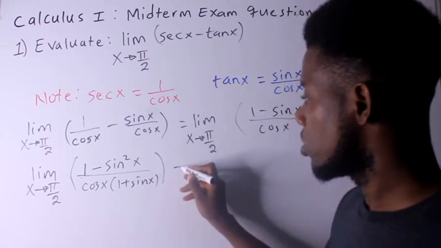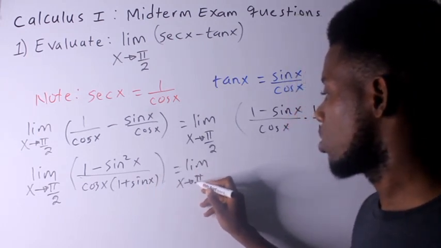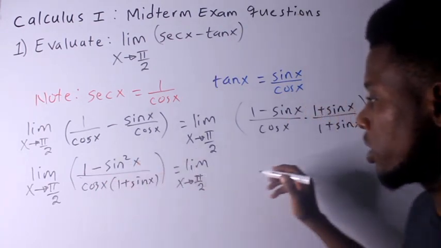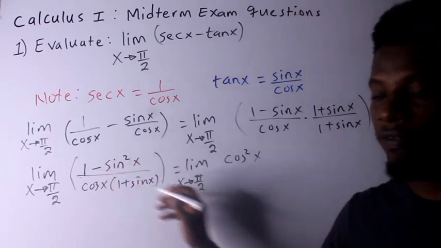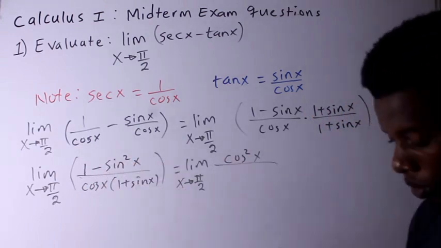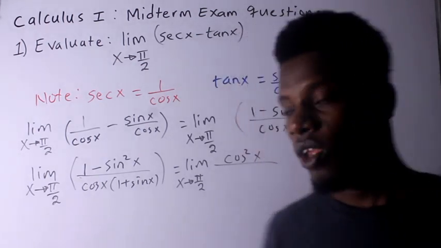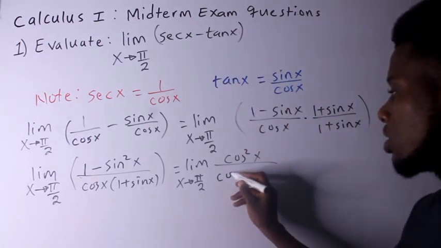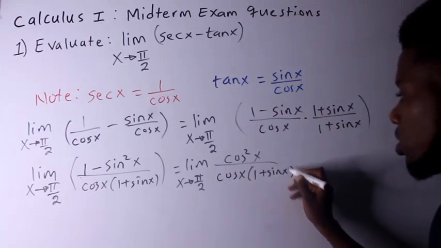Great. Now once we do that, we have the limit as x approaches pi by 2. 1 minus sine squared x is cos squared x. Now this is from the Pythagorean identity for trigonometry, that 1 minus sine squared x is equal to cos squared x. Great. So we have cos x times 1 plus sine x.